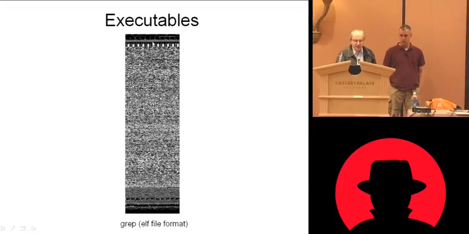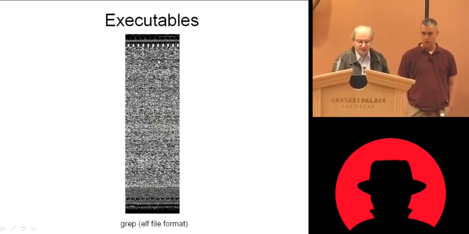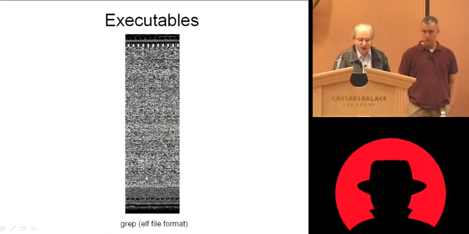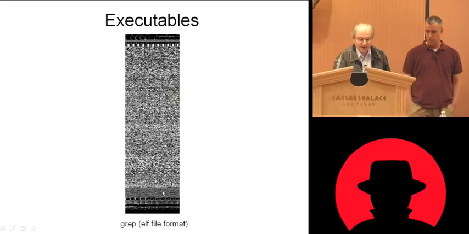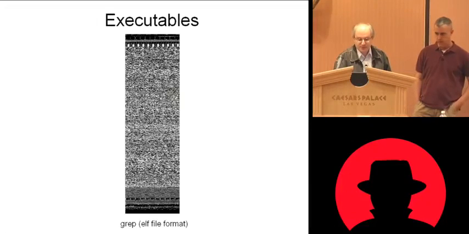Then you will see code, and you will see data, and hopefully most of this is code. But there are also strings that go into dynamically linking the file, and there are all sorts of versioning information. And if your executable is not stripped, then there's a symbol table and other kinds of debugging information closer to the end.